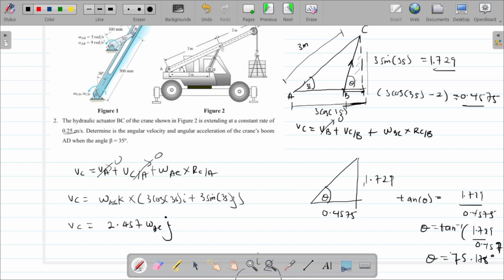And then 3 sin 35 is 1.720. There's a slight mistake here, so you correct that. It's supposed to be 1.720. So your answer might differ from mine a little bit, but very small.